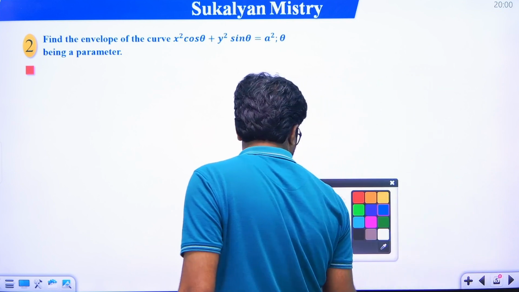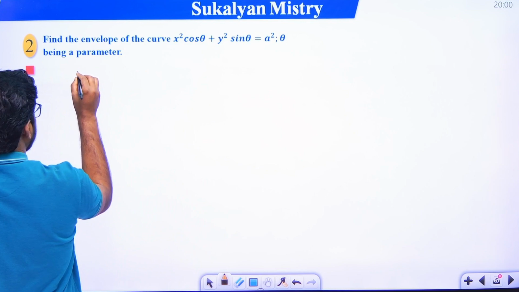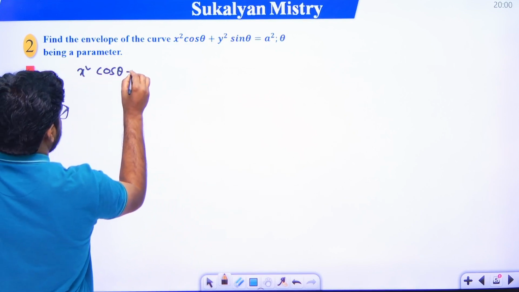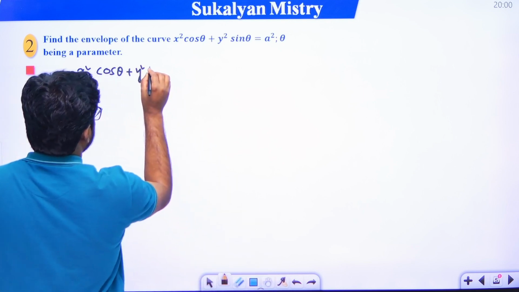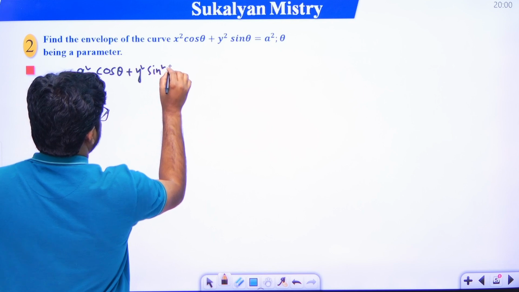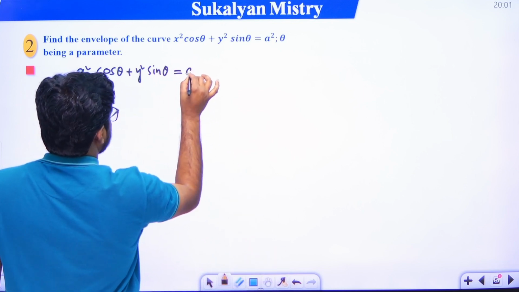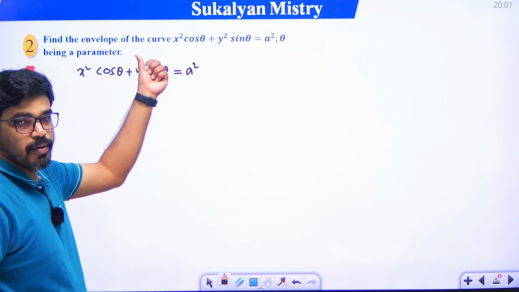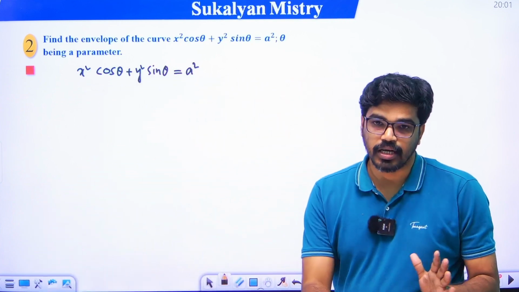So what is given here? It is given that x square cos theta plus y square sin theta is equal to a square. Suppose this is equation 1. Theta is a parameter, so we have to differentiate with respect to theta.